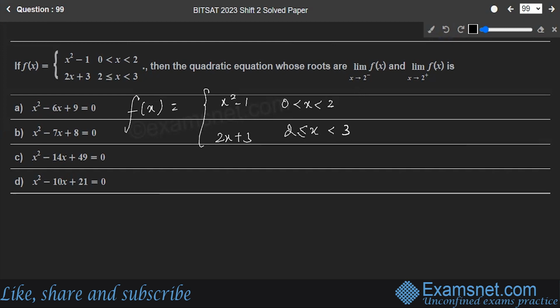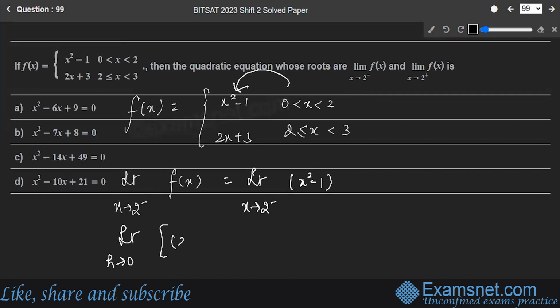Now, limit x approaching 2 minus f(x). For 2 minus, I'll be using this function. So this is equal to limit x approaching 2 minus x squared minus 1, and this will be limit h approaching 0 of (2 minus h) whole squared minus 1.